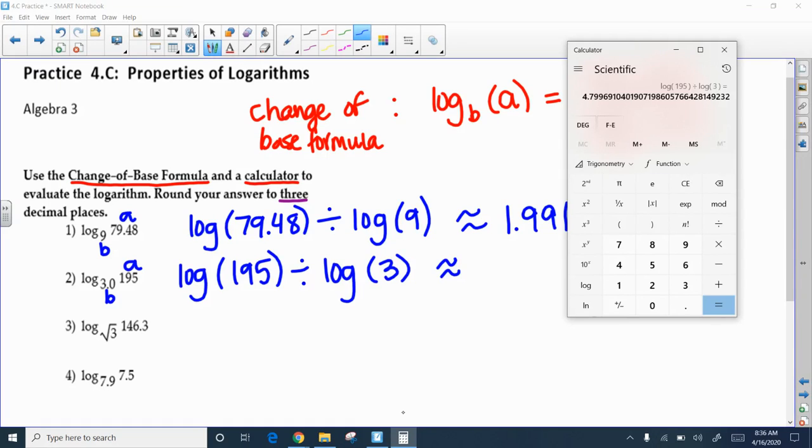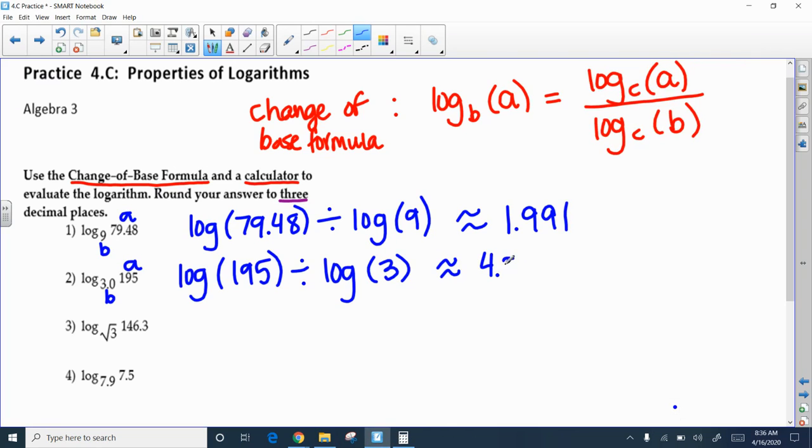If I rounded that to 3 decimal places, the next number after the third place, after the 9, is 6. So it would round up. So this is actually going to round to 4.800. That's the same as 4.8, but since it says 3 decimal places, I want to put zeros in for the second and third decimal places.